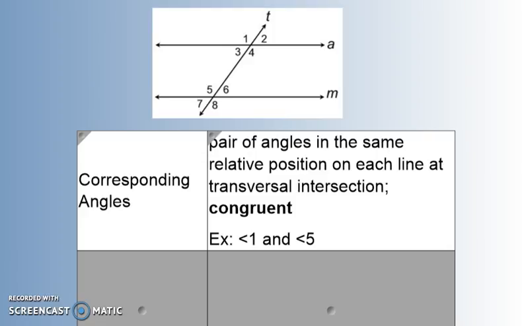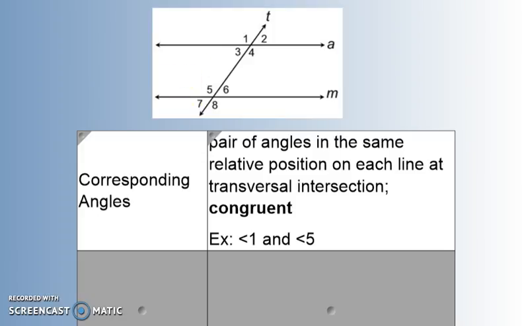So we say angle 1 and angle 5. If you look at angle 1, it's in the top left corner of the four angles formed by the intersection of the transversal. And if you look at angle 5, it's also in the top left corner. So that's what I mean by in the same relative position.